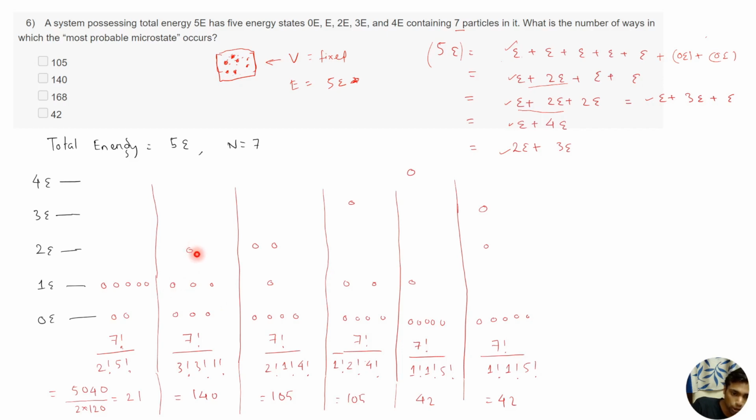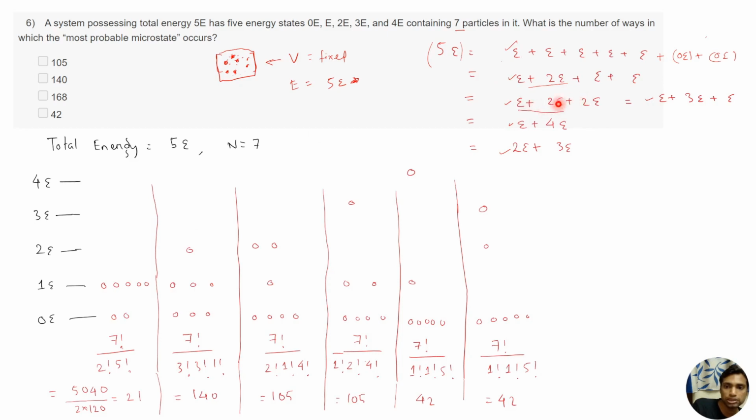One particle is in 2E and the rest of the particles are in 0E. If you look at the number of ways in which this microstate can be attained, it is 7 factorial by 3 factorial corresponding to this, 3 factorial corresponding to this, 1 factorial corresponding to this. So it is 140 ways in which you can attain this configuration. Okay. In how many ways can you attain the next configuration?